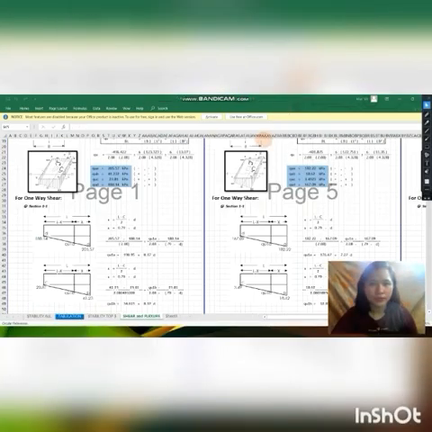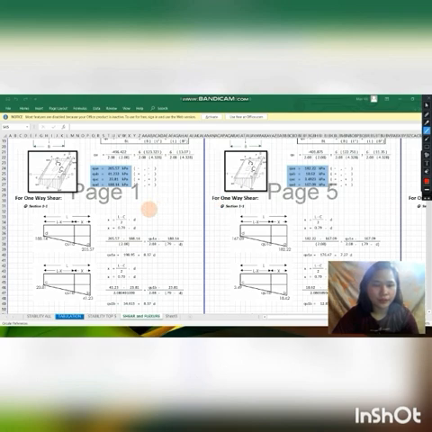So for our calculations in solving for one-way shear, we will draw our diagram of the soil pressure.